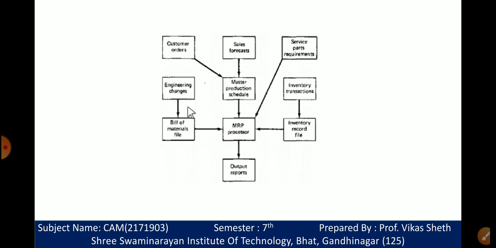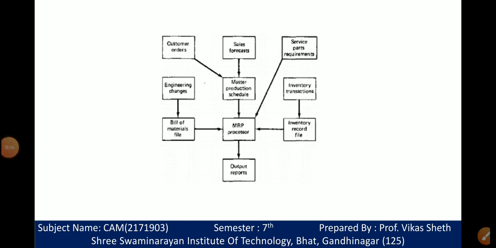Same with engineering drawing, and finally bill of material, which goes to the MRP processor, the material requirement planning processor. Same with service parts requirement, which also goes to the MRP processor. Same with inventory transactions and the inventory record file, which also go to the MRP processor.